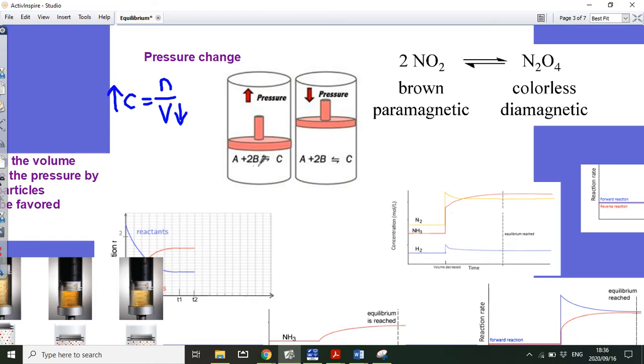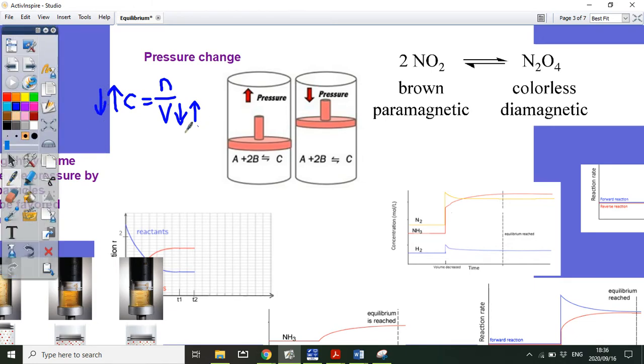So I've got a higher concentration now of everything, because everything is in a smaller container. The opposite here: if the pressure goes down, I can only get that by pulling the plunger up, which means my volume is bigger now. If my volume is bigger, my concentration is going to be smaller. Alrighty, let's throw that one away.